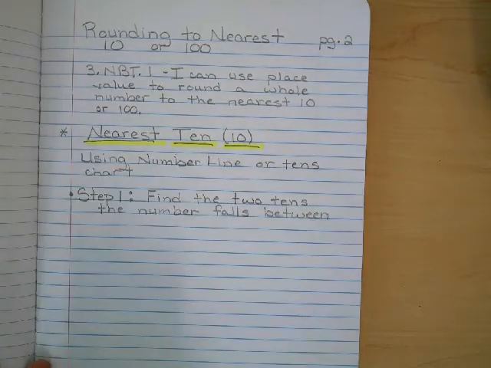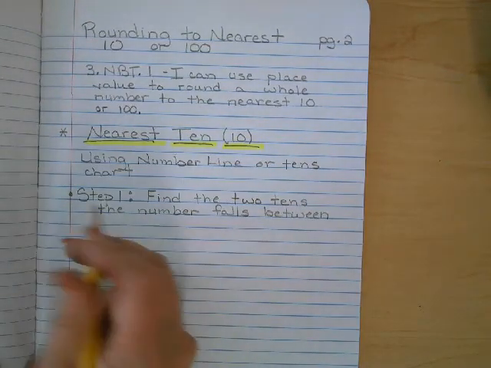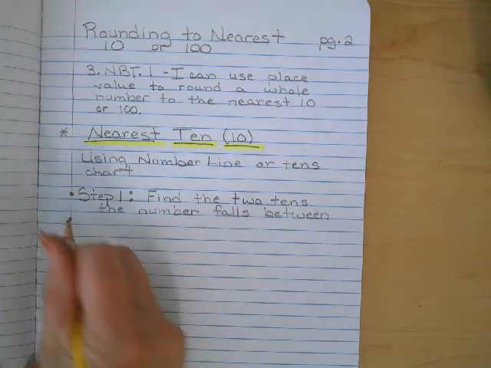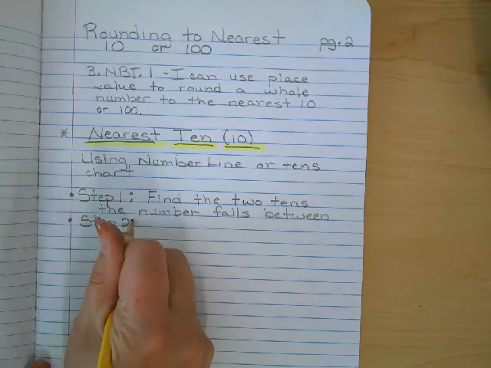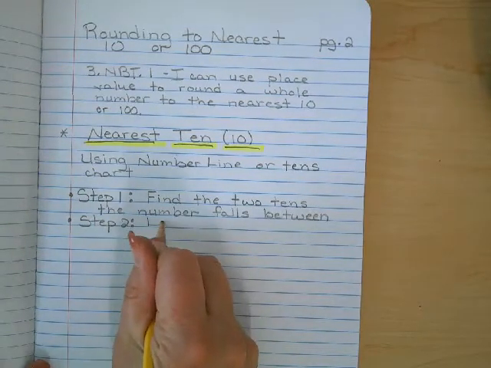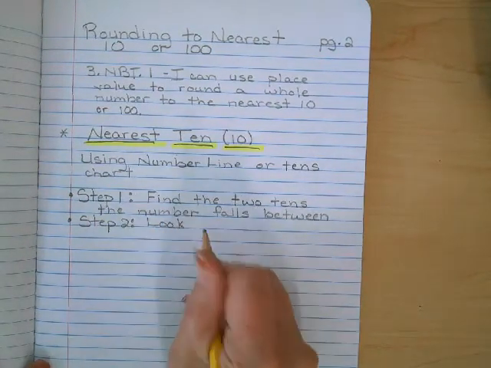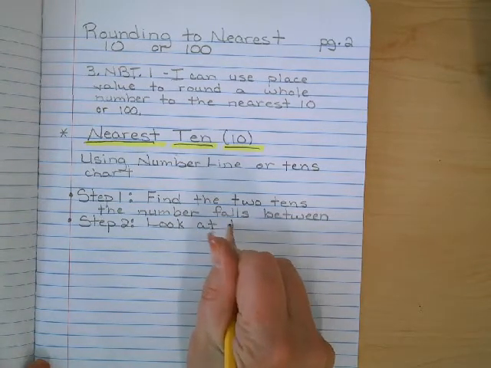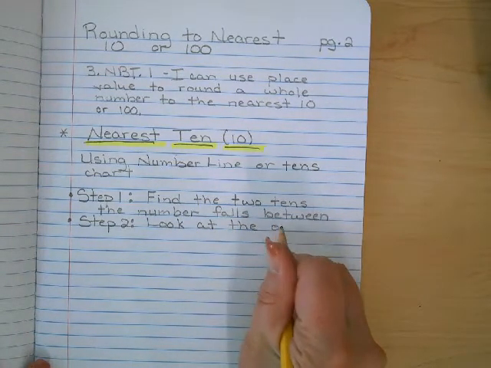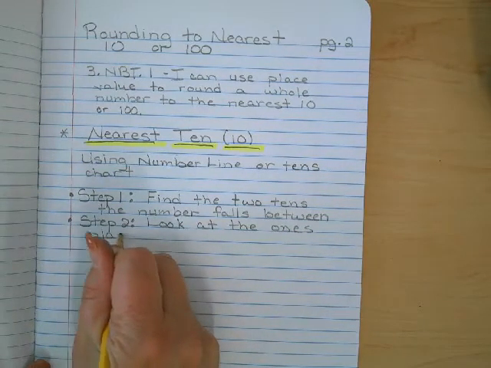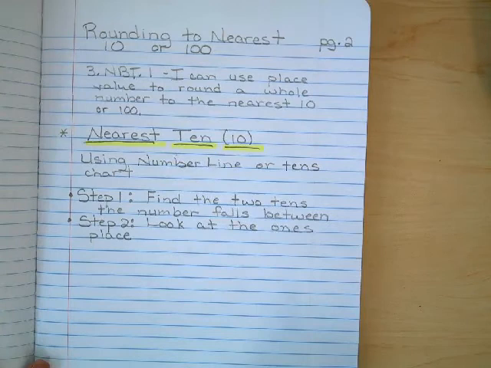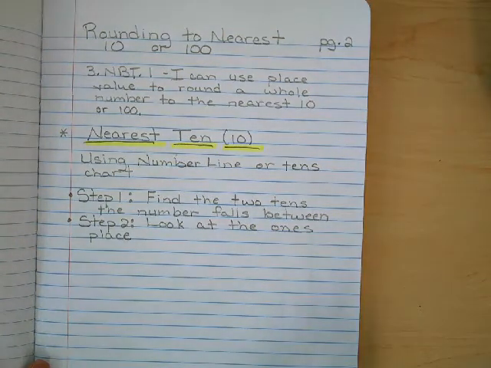Just going to put a little bullet there. Then I'm going to put another bullet. And step two is we're going to look at the ones place. And once we look at the ones place, you have to remember that in between each group of 10, 5 is right in the middle.